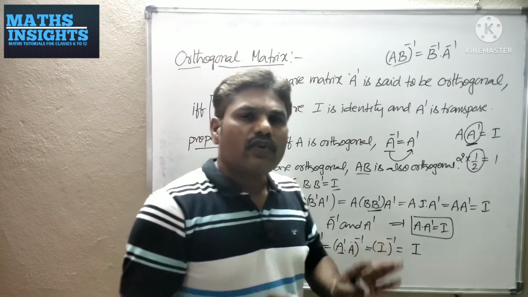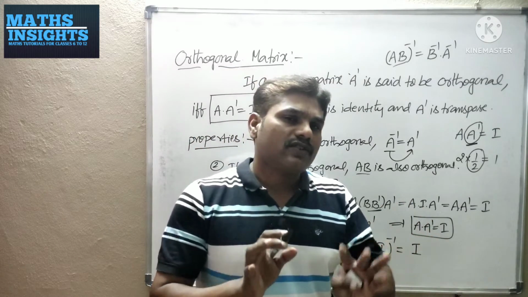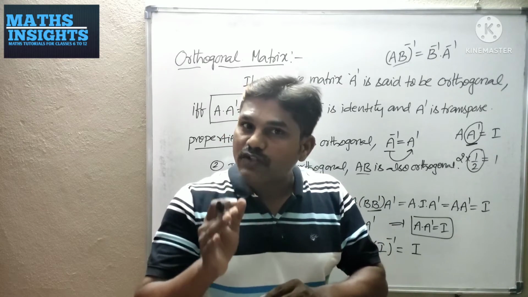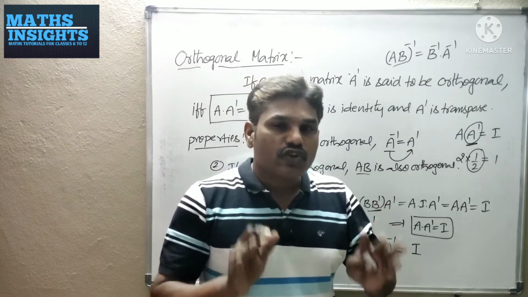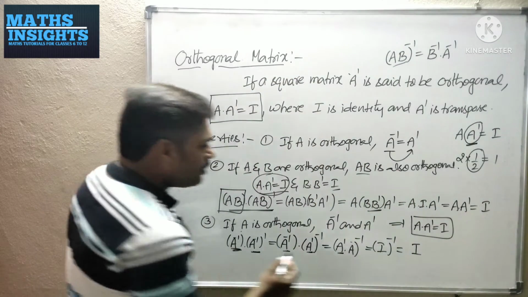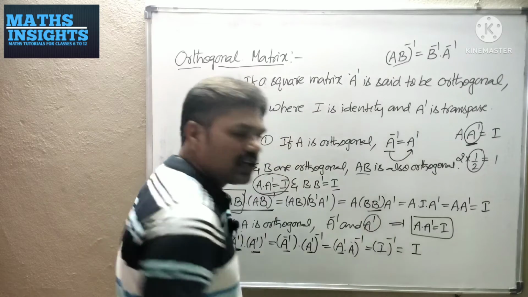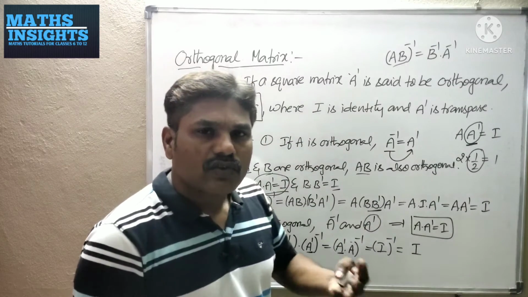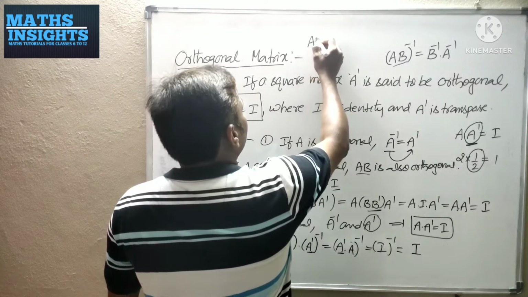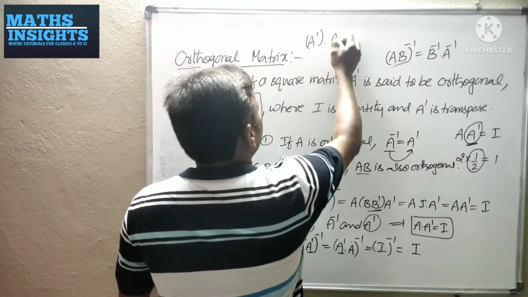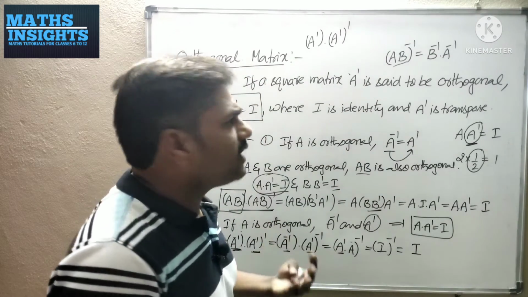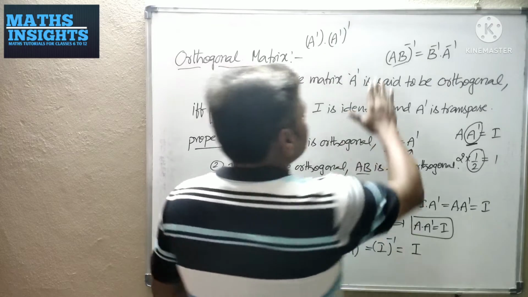Very simple. If you want to prove whether any matrix is orthogonal or not, multiply that matrix with its transpose and your result should be the identity matrix. I am doing the same thing. And also the final one, A dash. You have to prove whether A dash is orthogonal or not. So I want to multiply A dash with its transpose. My answer should be the identity matrix.